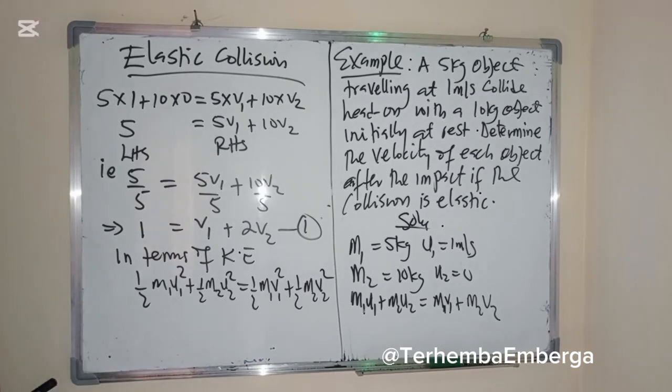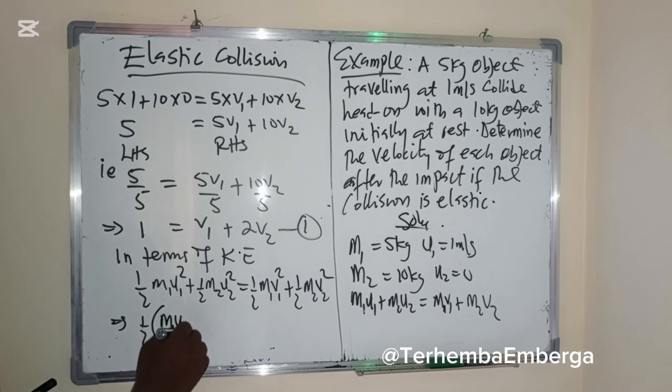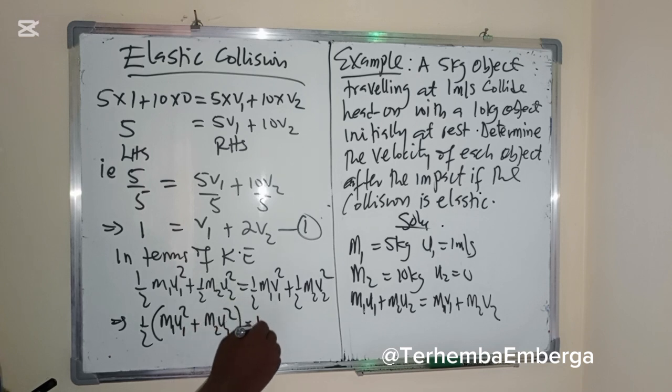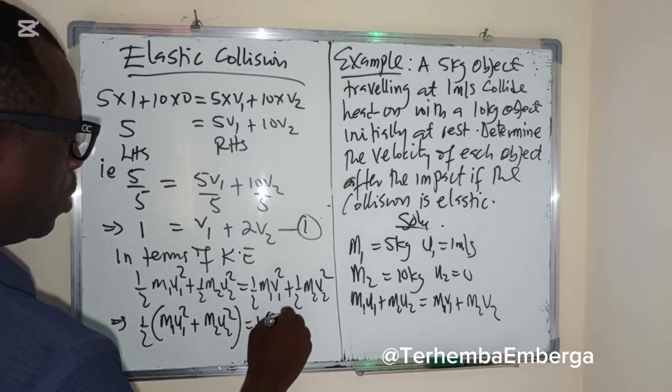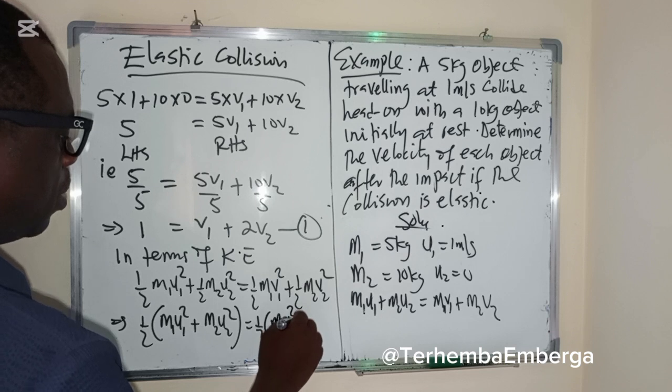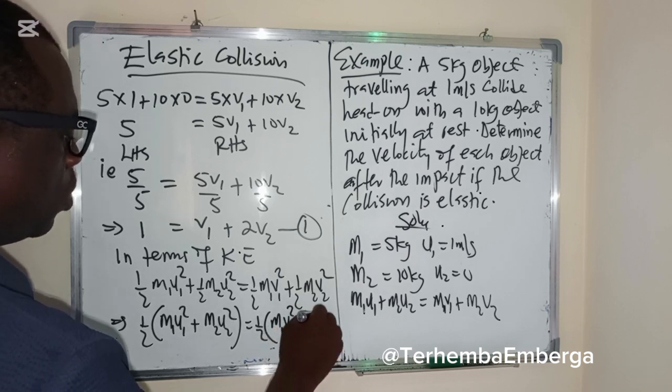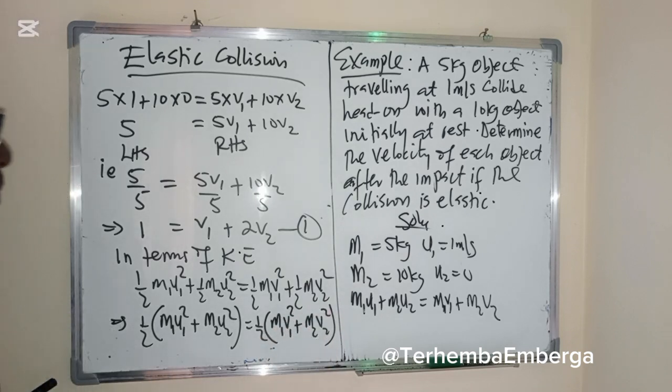But it will be more appropriate if we write this with the half factored out, because half is common: half M1 U1 squared plus M2 U2 squared equal to, on the right-hand side, half is also common, M1 V1 squared plus M2 V2 squared.